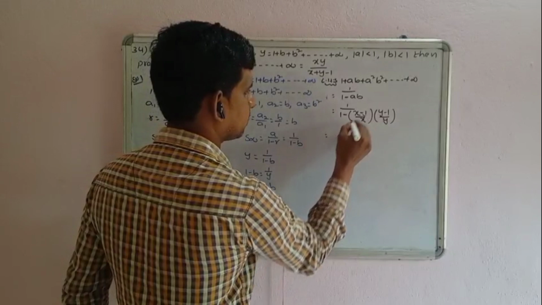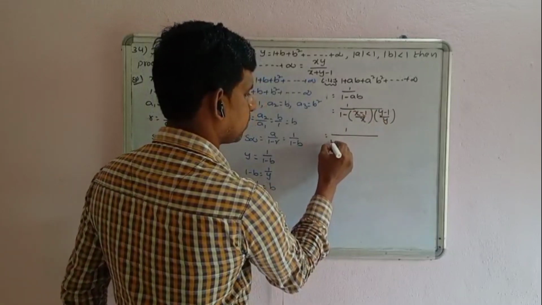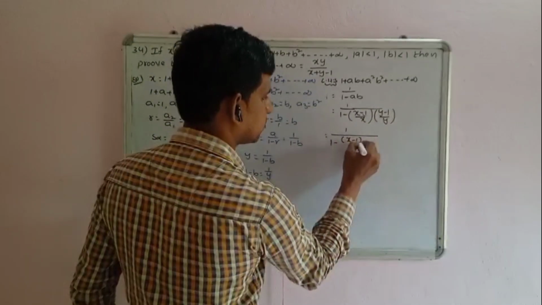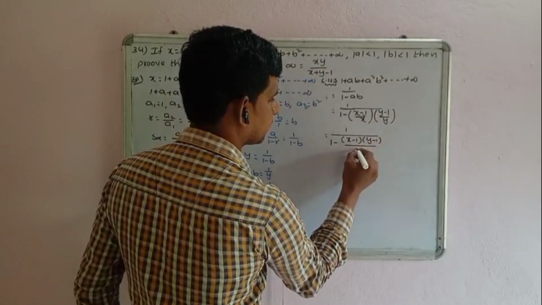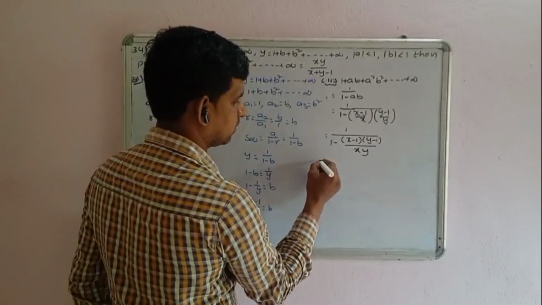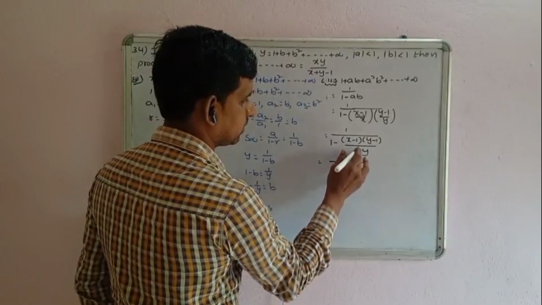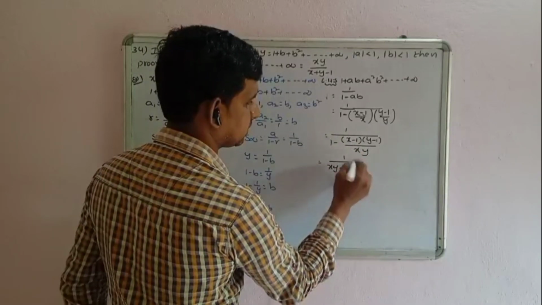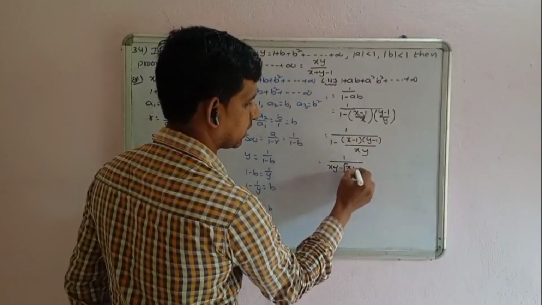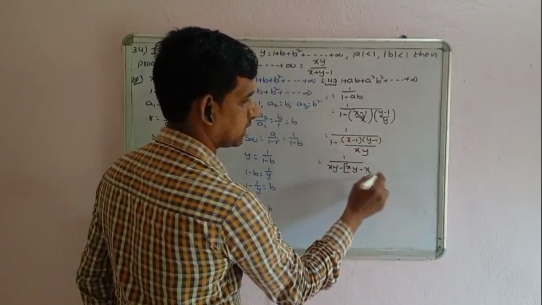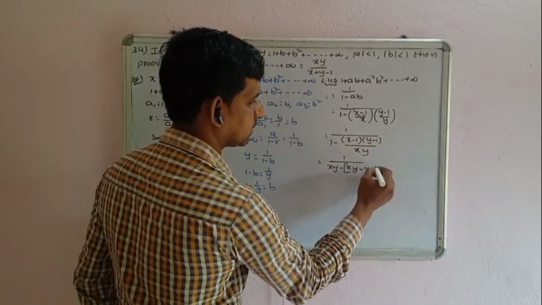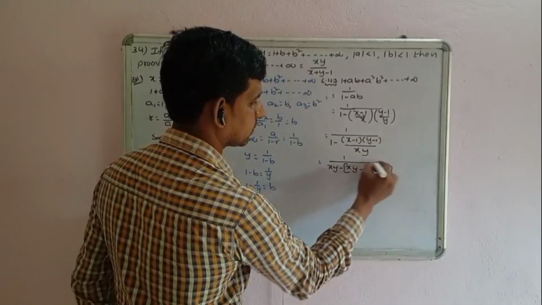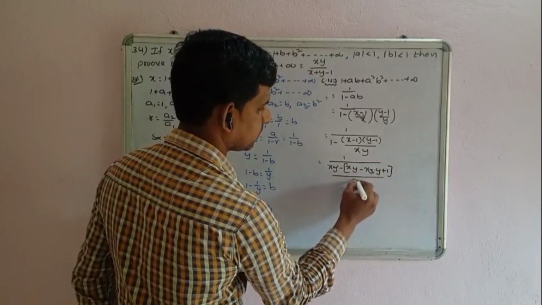That equals 1 by, listen carefully, 1 minus, multiply numerators, multiply denominators, (x minus 1) into (y minus 1) by xy. That equals 1 by, okay, xy times 1 is xy minus, solve this one: x times y, xy; x times minus 1, minus x; minus 1 times y, minus y; next minus 1 into minus 1, plus 1, by xy.